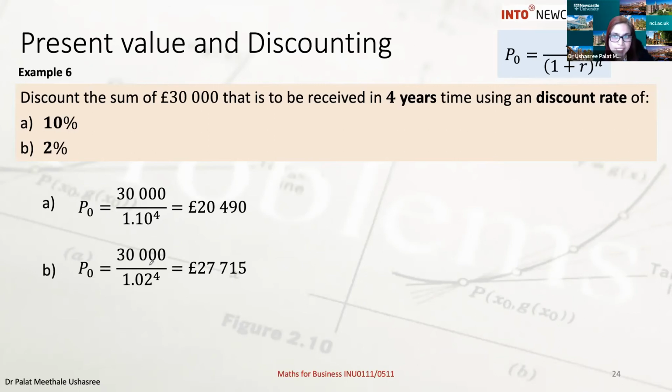When the denominator is decreasing, obviously this will increase. So what do you understand from there? The lower the discount rate, the higher the present value is. That's very important, guys. When you lower the discount rate, the present value increases.